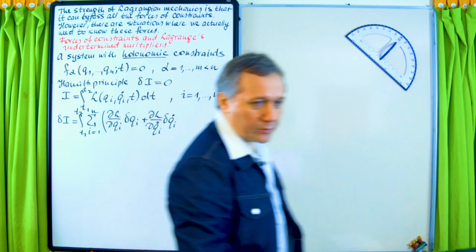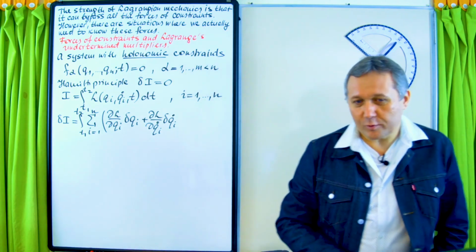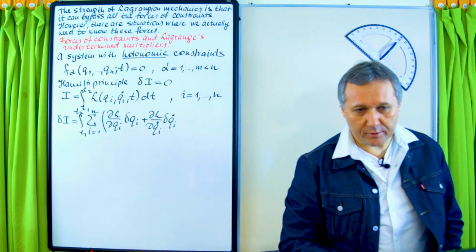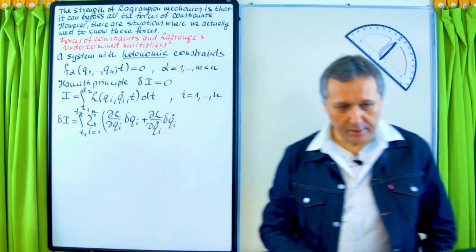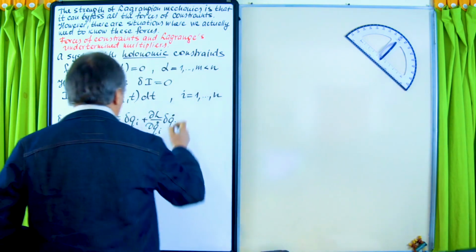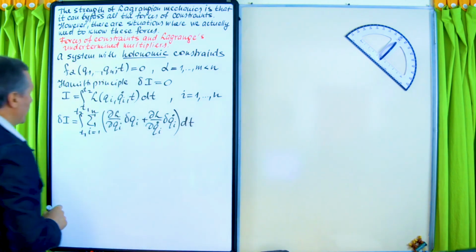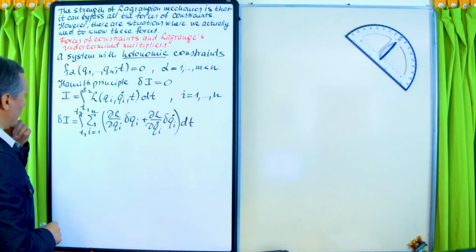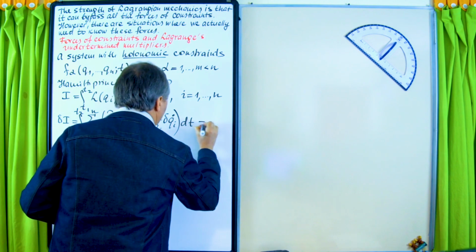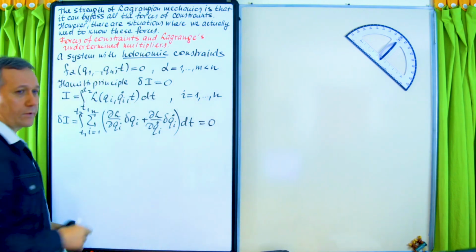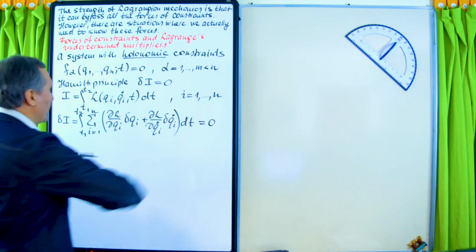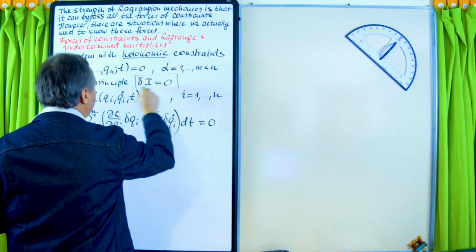You remember the virtual displacement: during the virtual displacement, time is held constant, so we're not varying time. So now I can close this bracket, and of course dt stays over there. So I varied it, and now it must be equal to 0 because that's our Hamilton's principle, right?